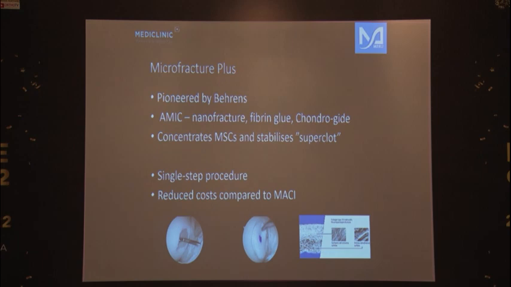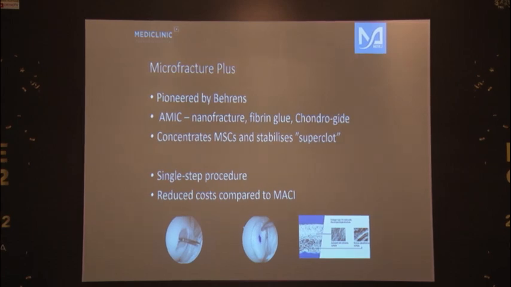So in terms of how we can make this better, Behrens developed the AMIC technique, the autologous matrix-induced chondrogenesis technique. This classically used the Chondro-Gide tissue, which is a bilaminar construct, to try and ease integration of the cells from the superclot and to contain them within the defect site.